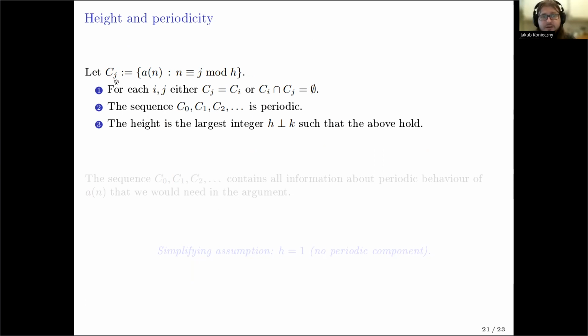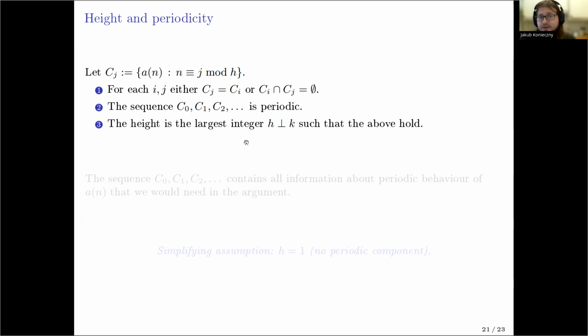Let's consider all the symbols that appear in A at positions that are congruent to some fixed j modulo the height. Now, those classes are going to be pairwise disjoint. And if for each symbol of the sequence A, we just record in which class it lands, the resulting sequence is going to be periodic.